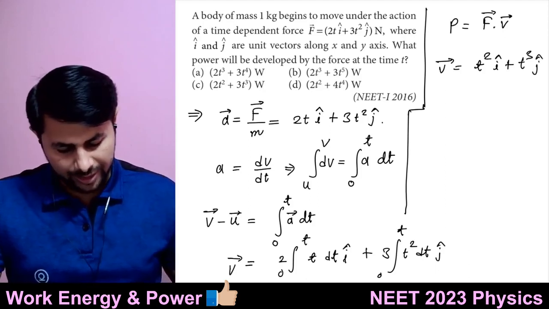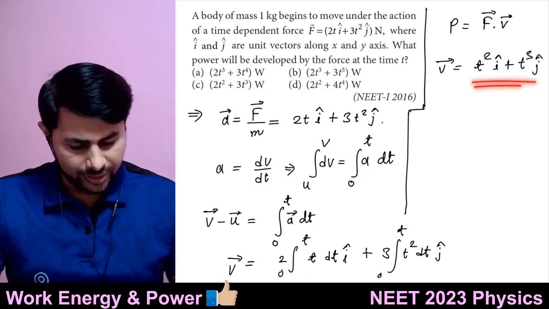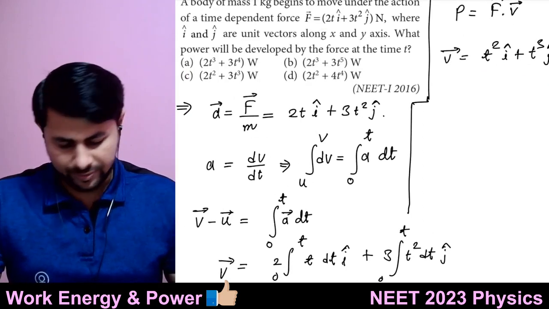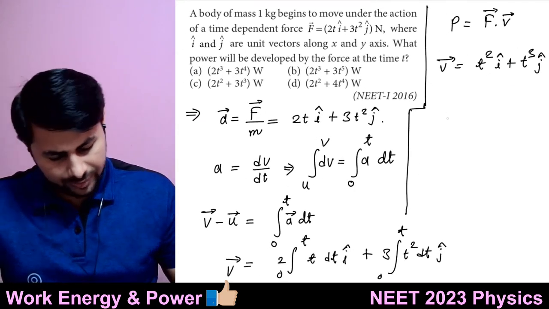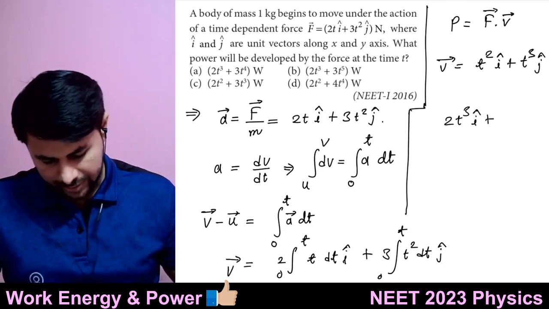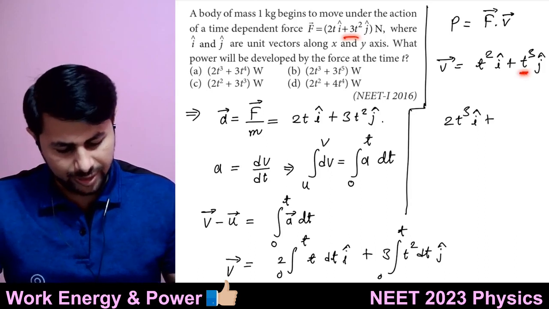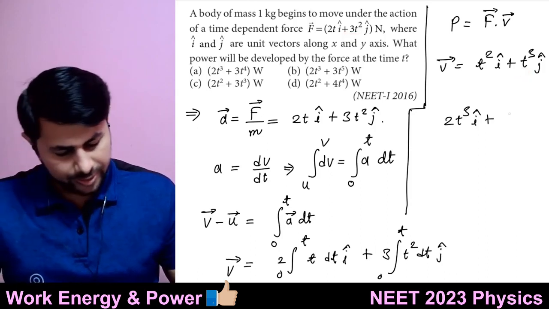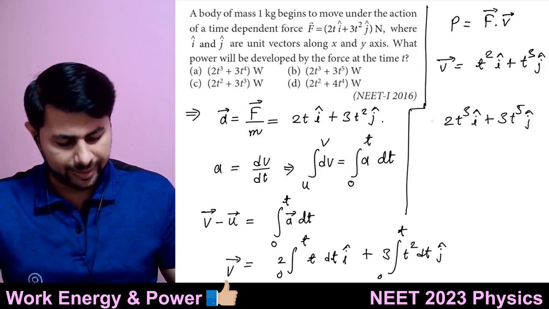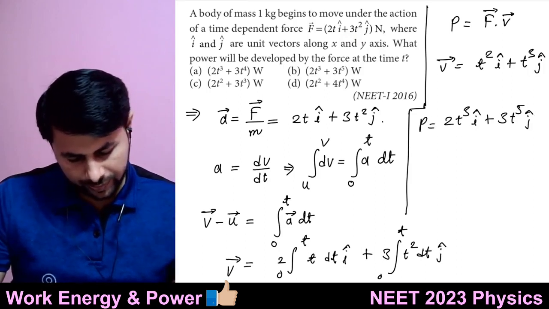And then you multiply force with velocity. What do you get? 2 times t multiplied by t square, which is 2 times t cube i cap, plus 3 times t square multiplied by t cube, so it is 3 times t raised to 5 times j cap. This is the power.